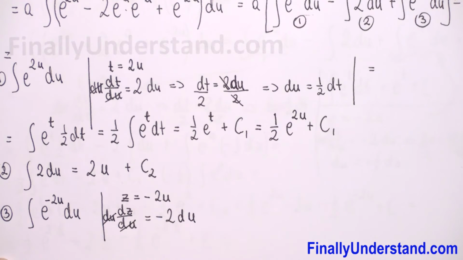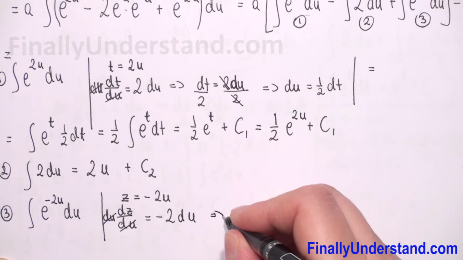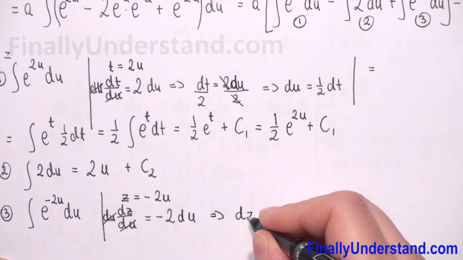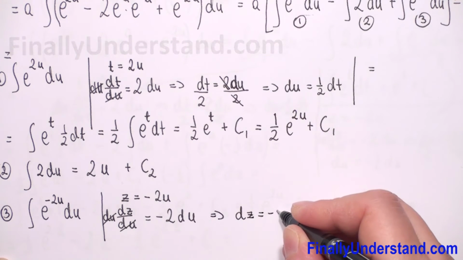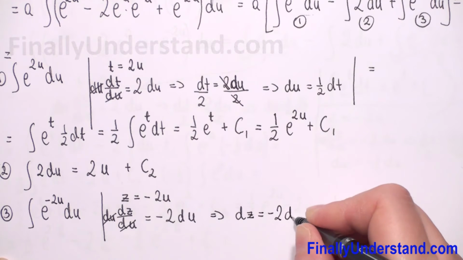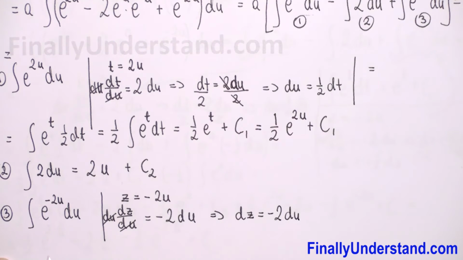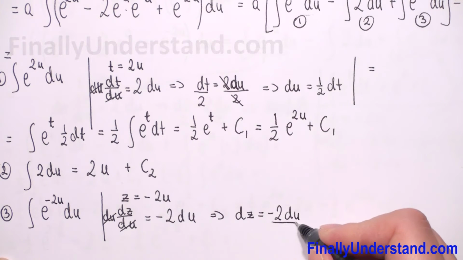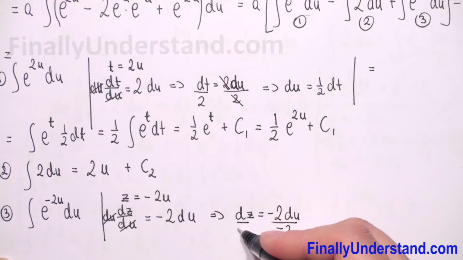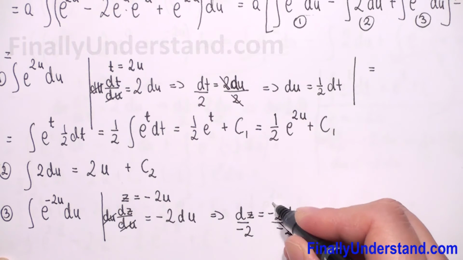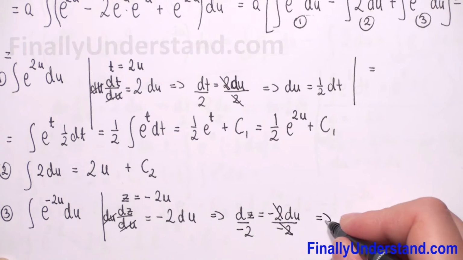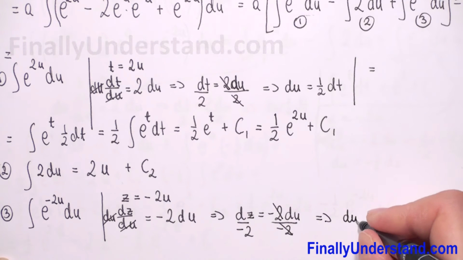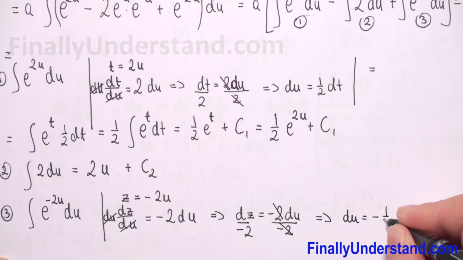The du and du we can reduce, and we have that dz is equal to negative 2 du. We have only du in our expression, so I will divide both sides by negative 2. So negative 2 and negative 2 we can reduce, and we have du is equal to negative 1/2 dz.